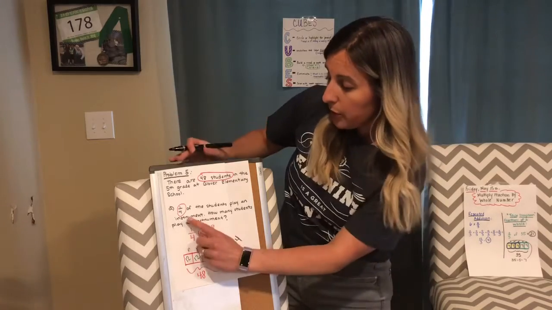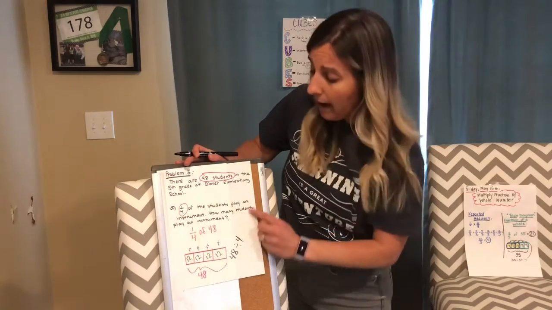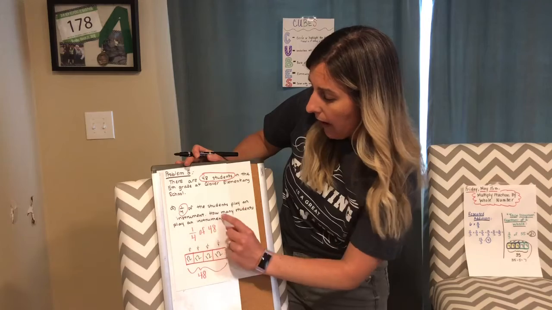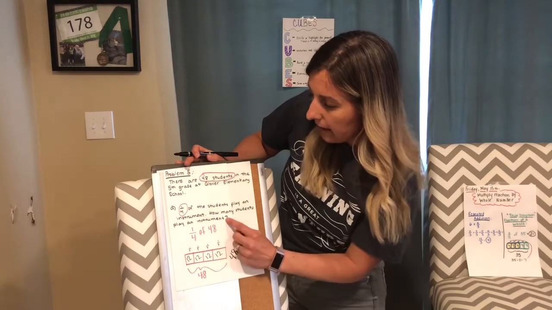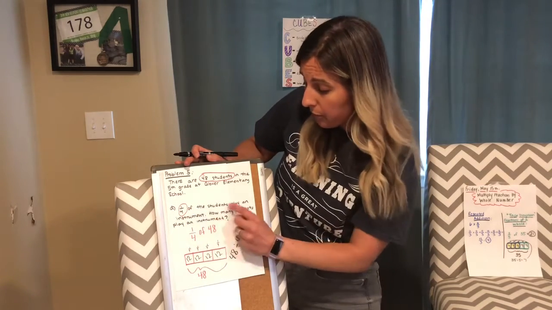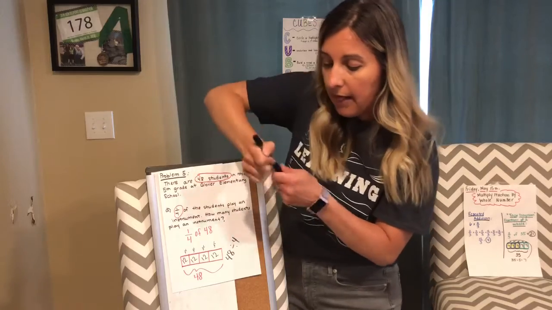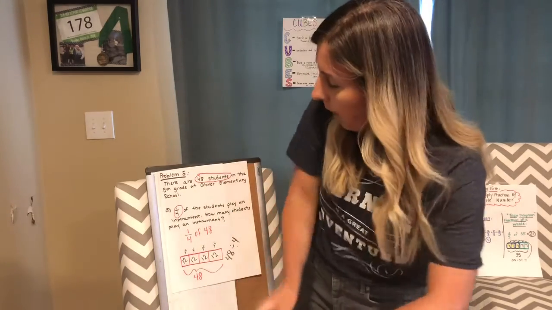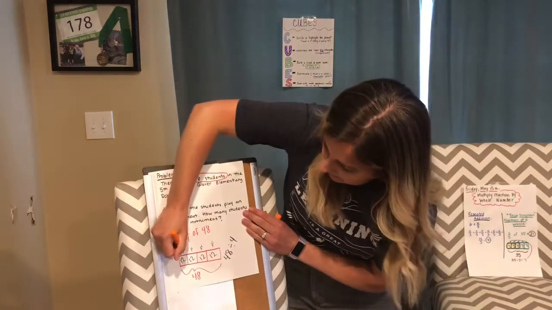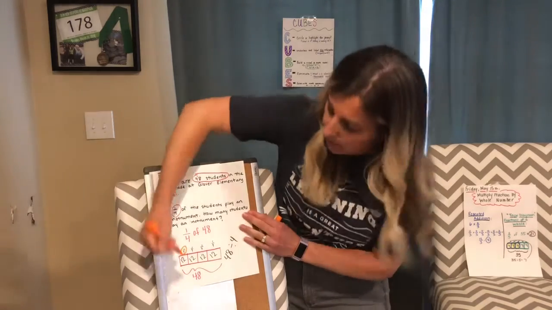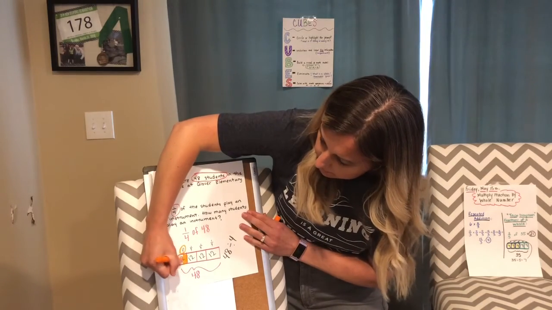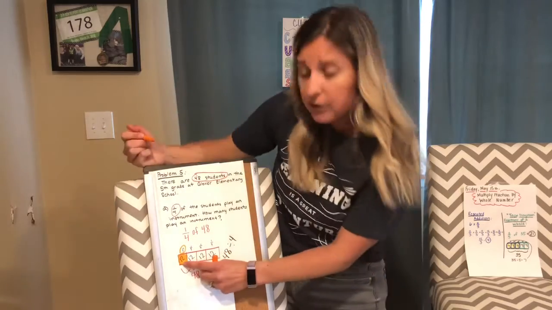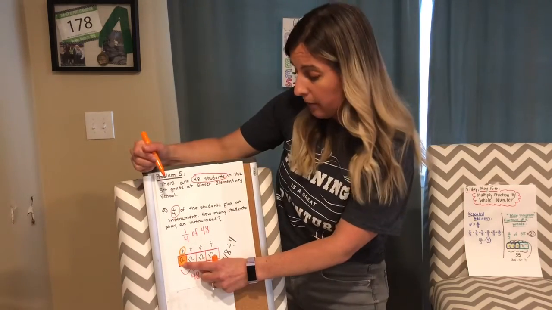Okay, so now I'm referring back to my question here. How many students play an instrument? If 1/4 of those students play an instrument, then I can just look at one of those fourths. Let's look at this first one. These students play an instrument.